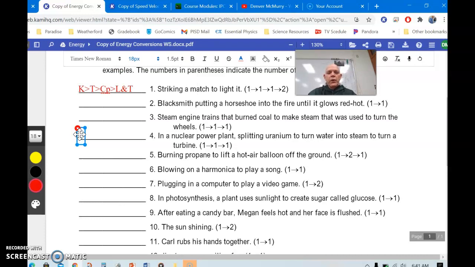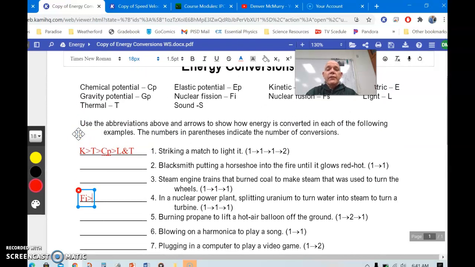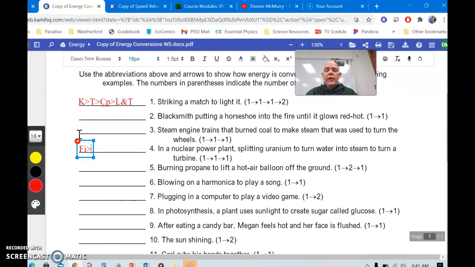It says 1 to 1 to 1. So first of all, splitting uranium would be fission, or FI, I believe is what we said the abbreviation was for fission. Yes, FI. And that's going to turn water into steam, so that's going to have to create heat or thermal energy. And then that's going to turn the turbine, and so that would be kinetic.